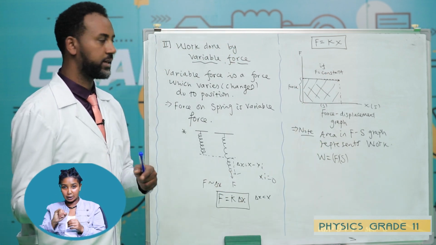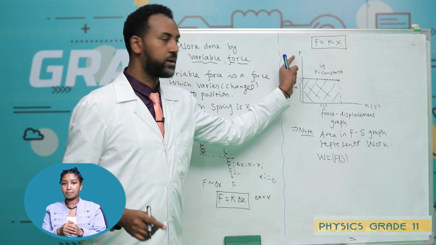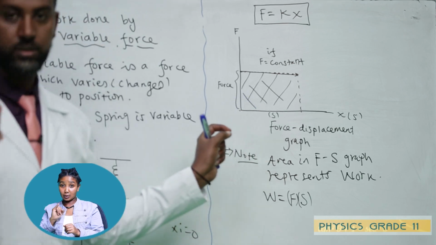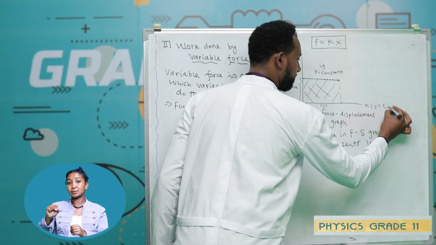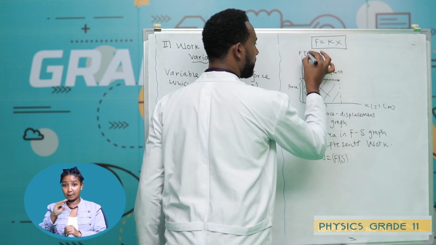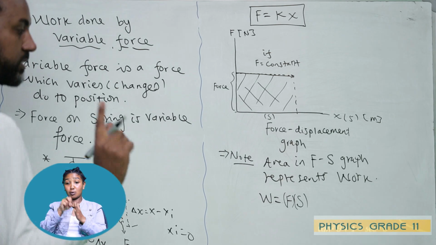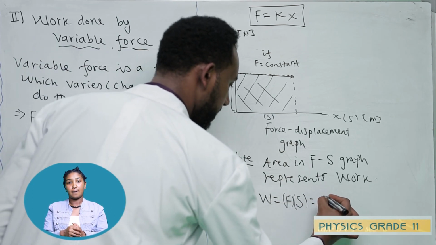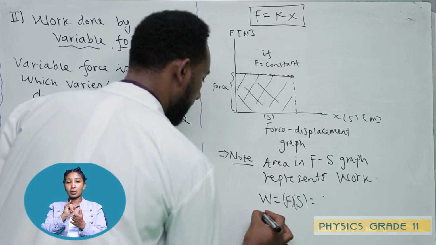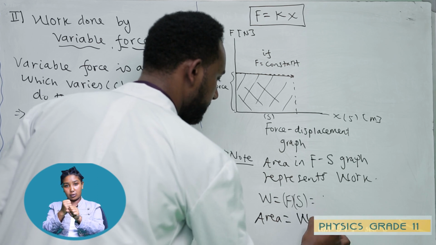But here the variables are not lengths. The vertical variable is force, the horizontal variable is displacement, displacement is represented in meters and force in newtons. So the product of these two gives us joule. Force times displacement gives us work, and that is the area. So area equivalently represents work.